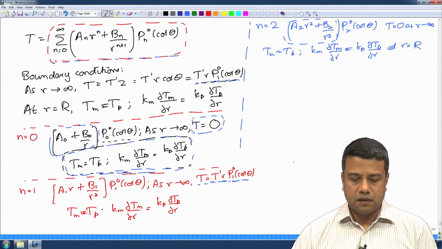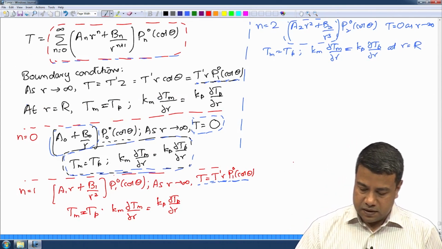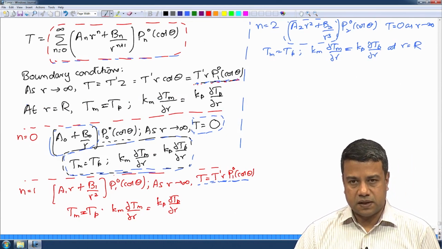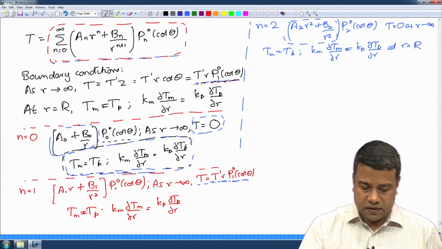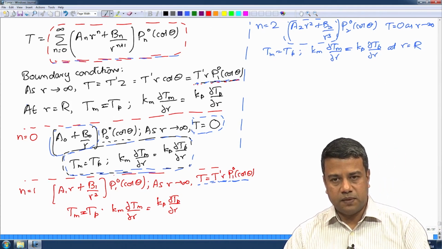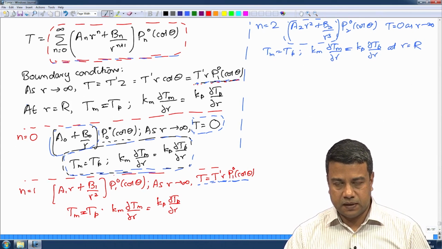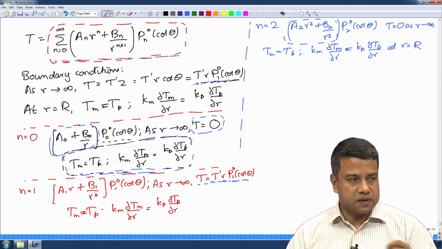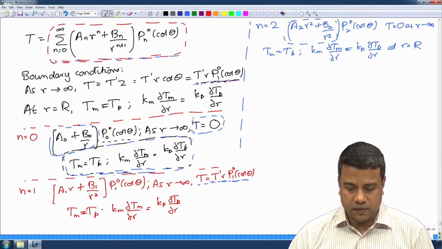Now, if you look at the boundary conditions, the boundary condition contains P_1^0 of cos theta. So, I have the solution. It contains various terms P0, P1, P2, P3, etc. Each of these is independent because each Legendre polynomial is orthogonal to each other Legendre polynomial.